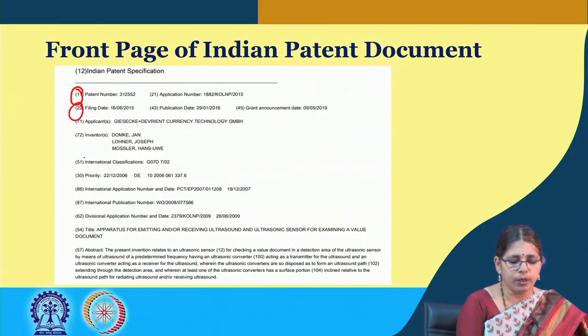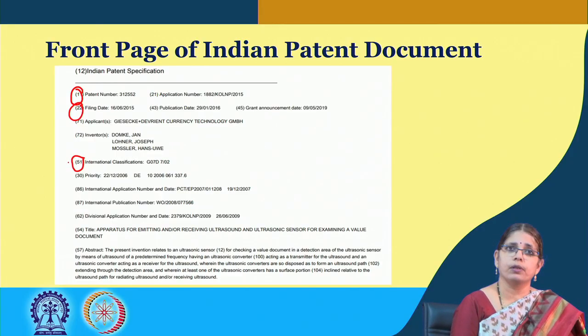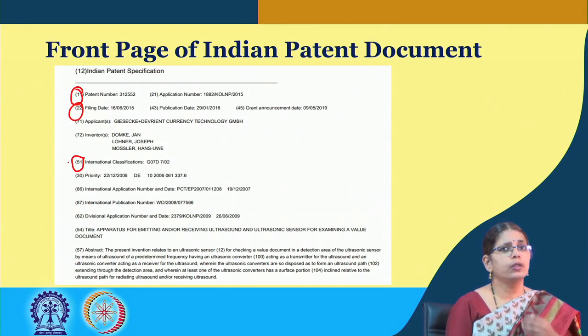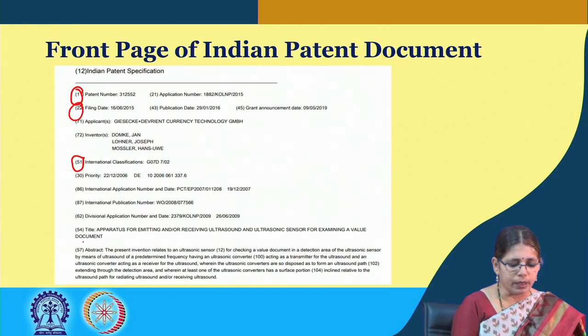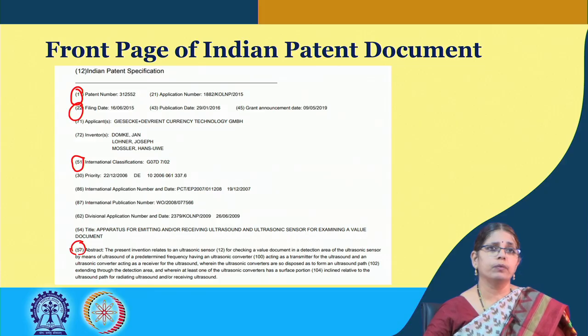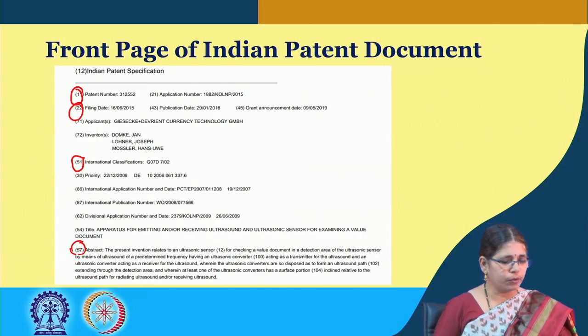Similarly, 51 is the international classification. So, 51 is the uniform number used worldwide to represent the international classification. We talked about the abstract earlier, right? Now, abstract is represented by the INID code 57. So, this is how we understand the different aspects of the value of the INID codes.